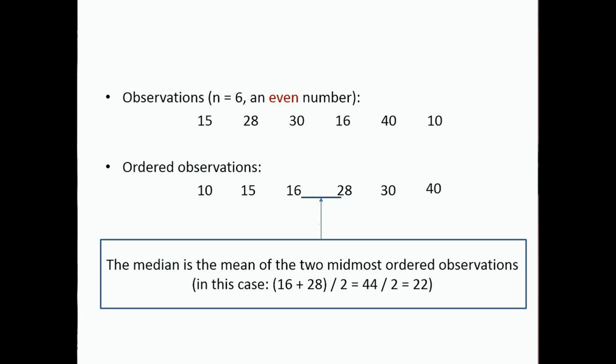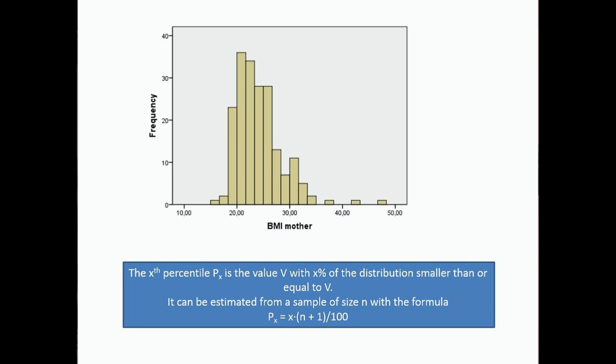In fact, the median is a special case of a percentile. Percentiles are values giving relative positions in a distribution. A percentile px is a value with x% of the distribution on the left-hand side of it. For example, the p5 is the value below which 5% of the observations are located.